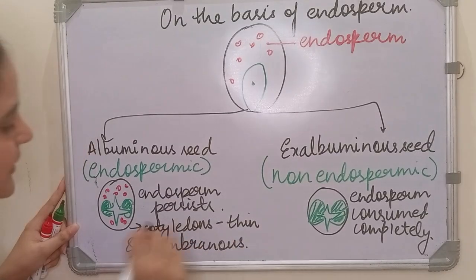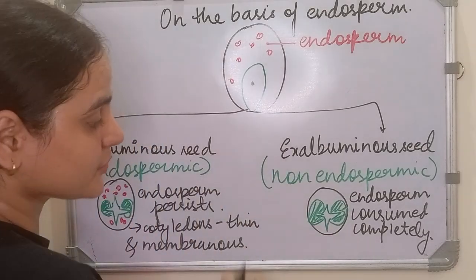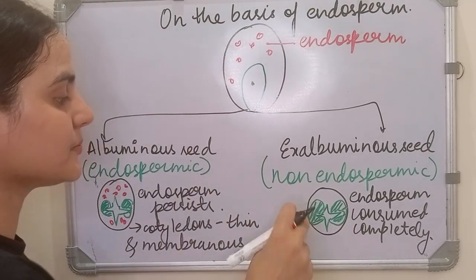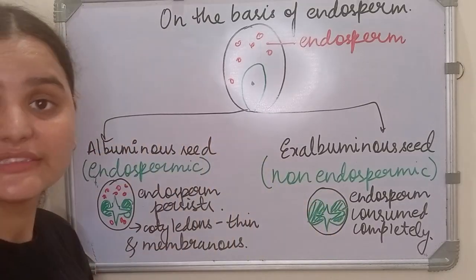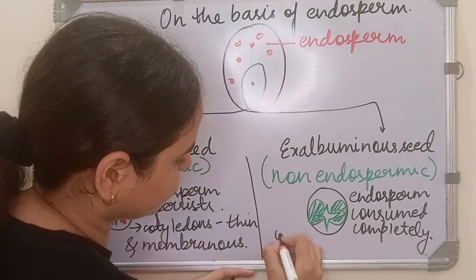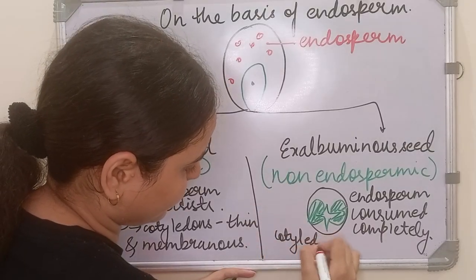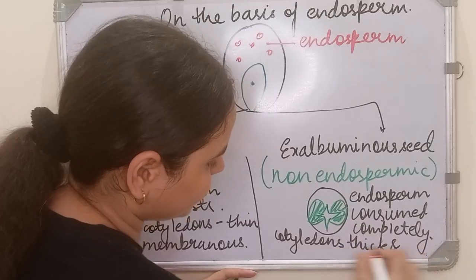Thin membranous cotyledons are present. So here endosperm is consumed, so only cotyledons are present to provide the nutrition to the growing embryo. So here the cotyledons are thick and fleshy.